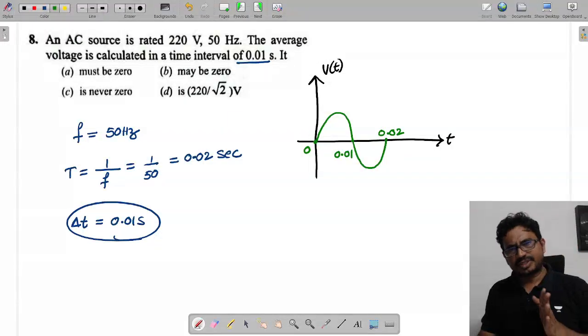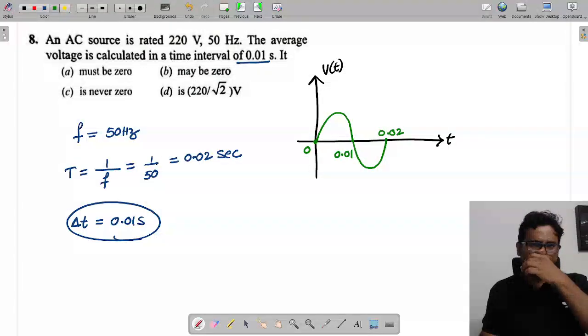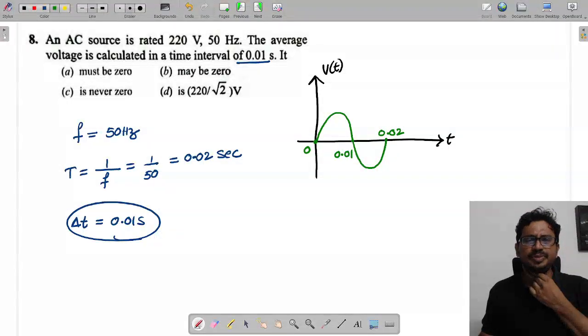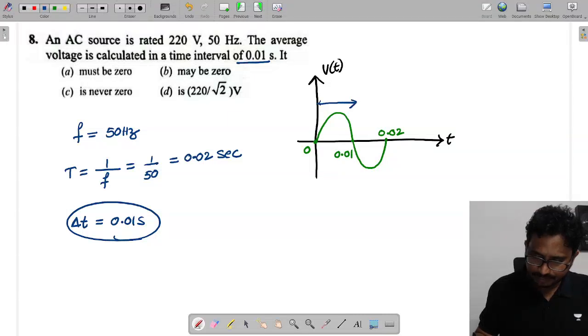Now they're asking what the duration is. 0.01 means that it is a T by 2 duration. If you have calculated the average value from here to here, that is a duration of T by 2, which is 0.01 seconds.